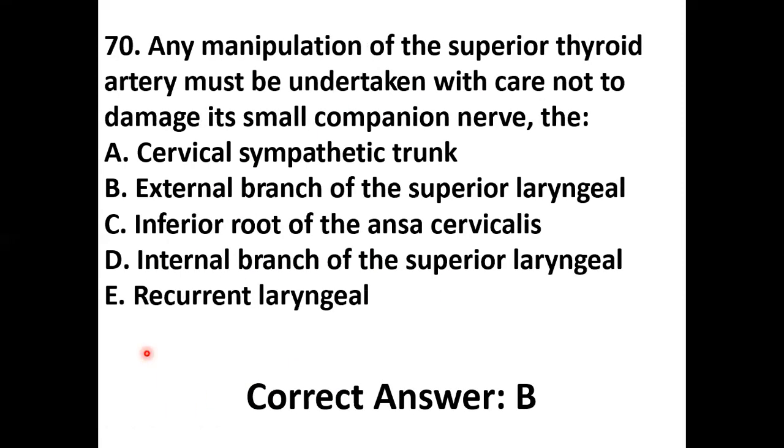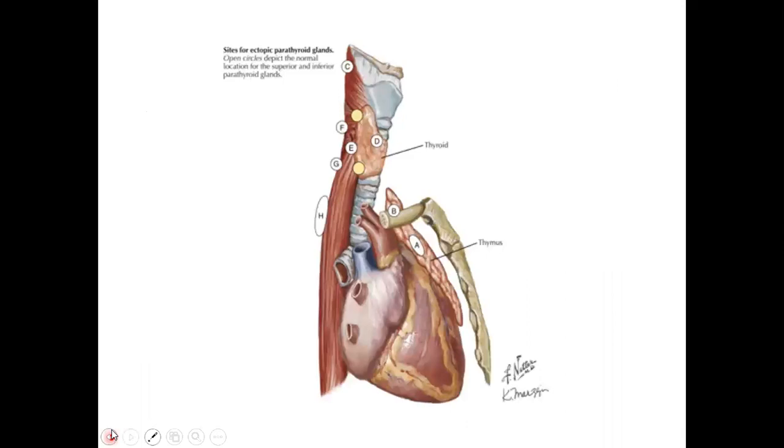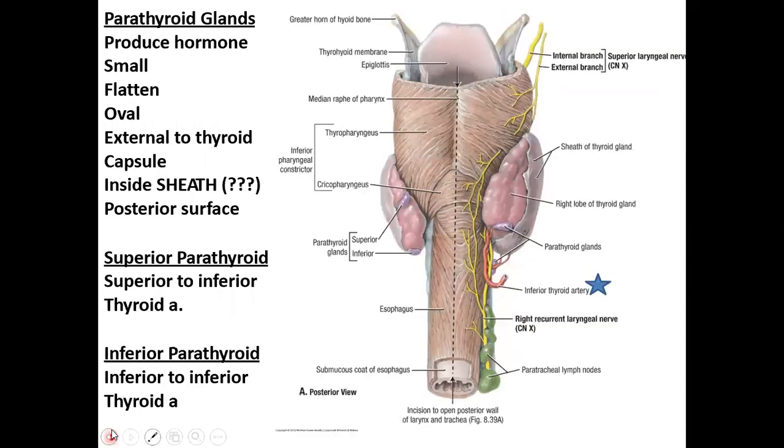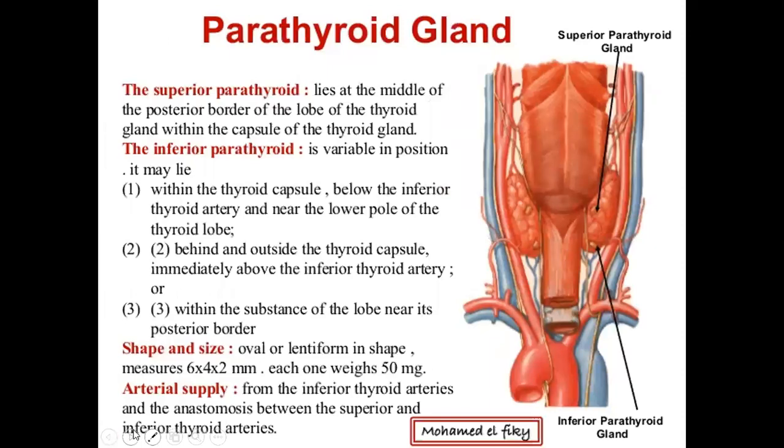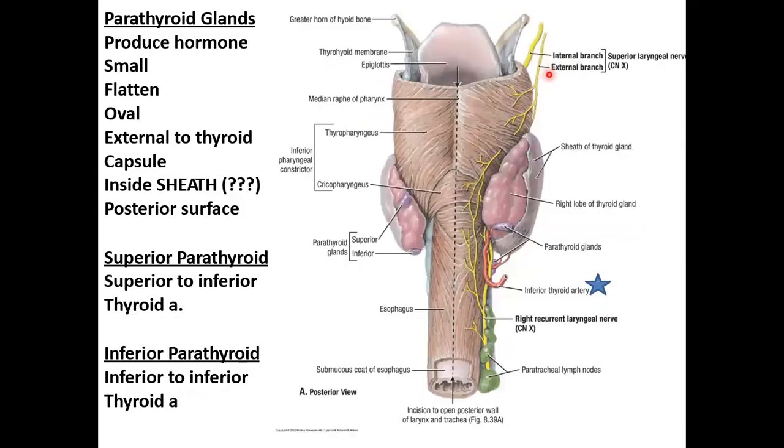Okay. Any manipulation of the superior thyroid artery must be undertaken with care not to damage its small companion nerve, the external branch of superior laryngeal. Let's look at that because I didn't point that out before. Okay, so you can see, I'll go back. Here is the external branch of superior laryngeal.